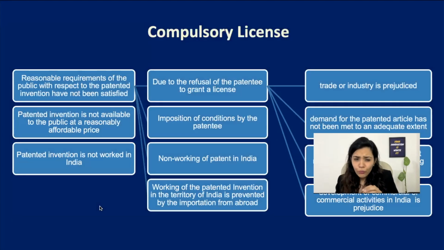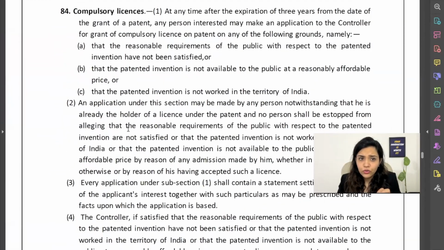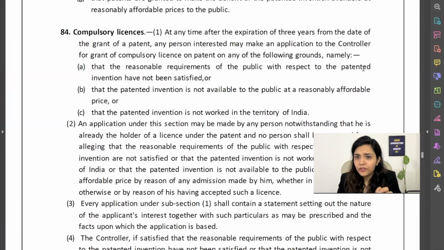Now, the most important thing in compulsory licensing, be it objective or subjective, is the question: what are the conditions for getting a compulsory license? There are three conditions mentioned in section 84. First, the reasonable requirements of the public with respect to the patented invention have not been satisfied.